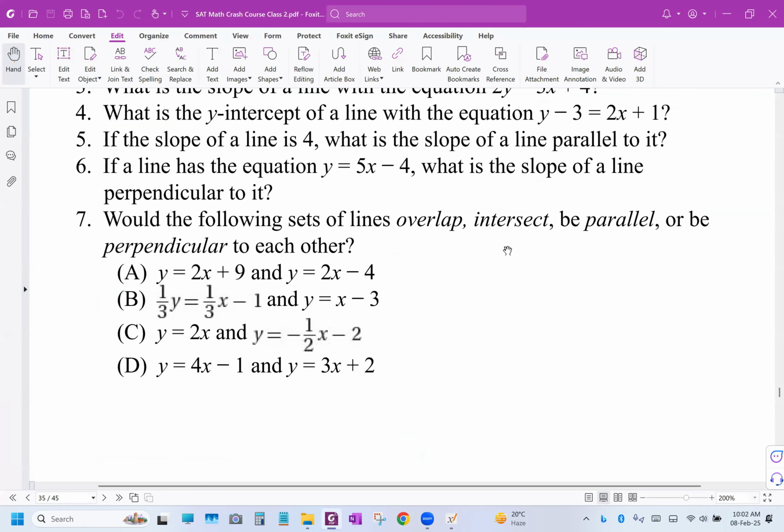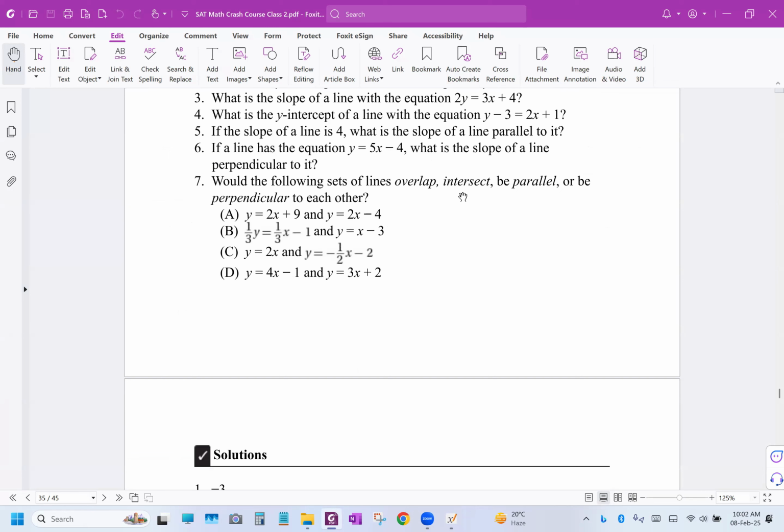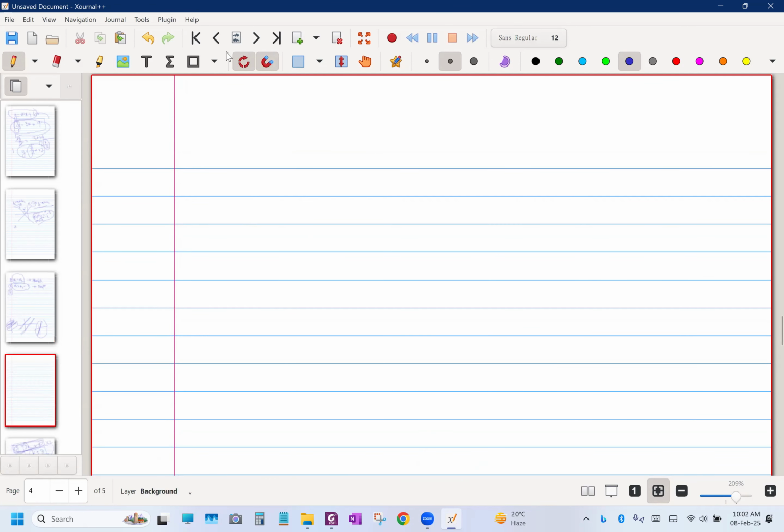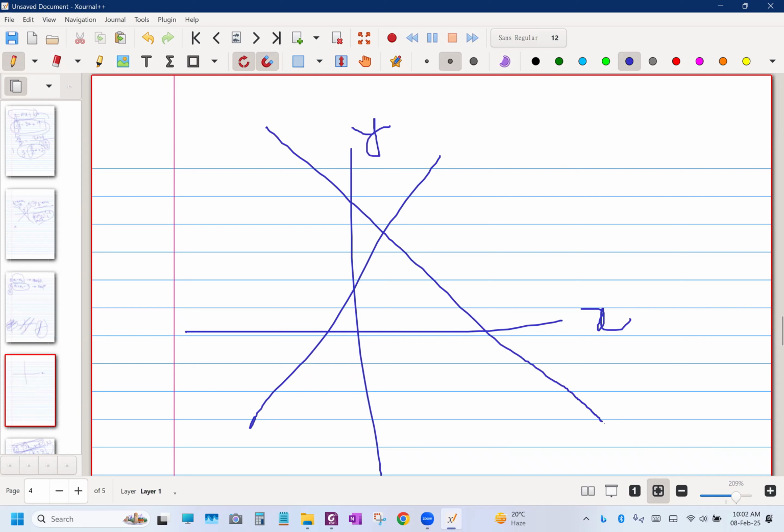I will make notes by hand. What about the one that says intersect? That's a good question. Thank you for asking. When they're intersecting, they must have different slopes. They must have different slopes.